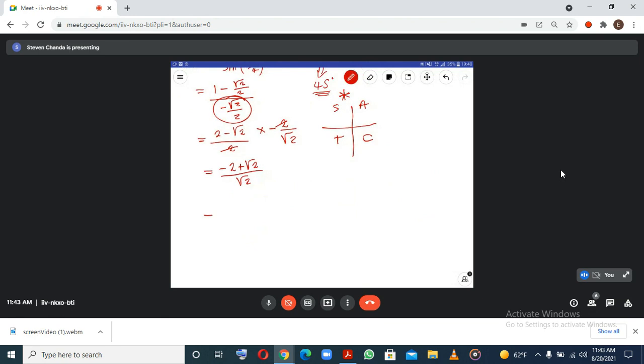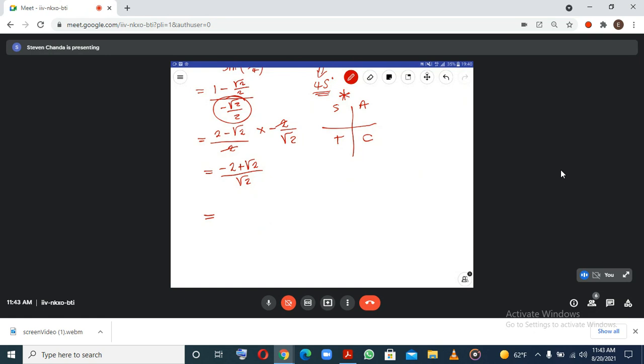Again, that's where many people lose marks as well. They will leave the answer here forgetting that, from the rules of surds, you never leave an answer with the base being a surd. Okay? That makes sense, right?